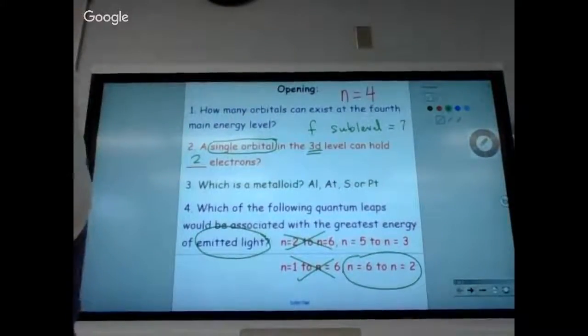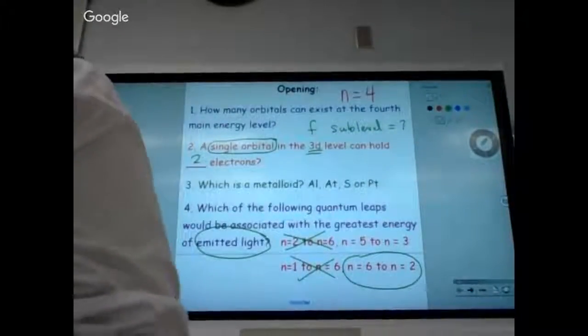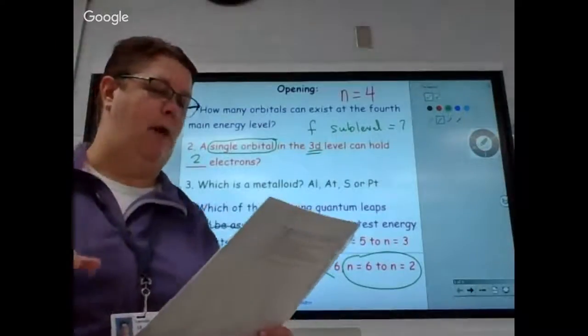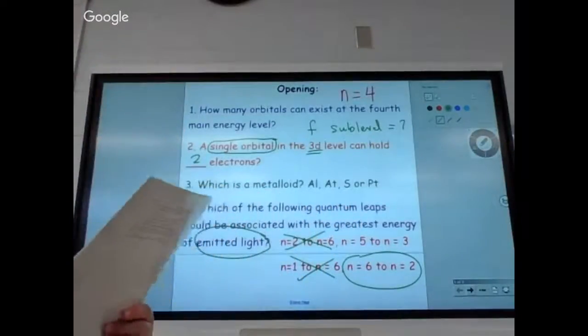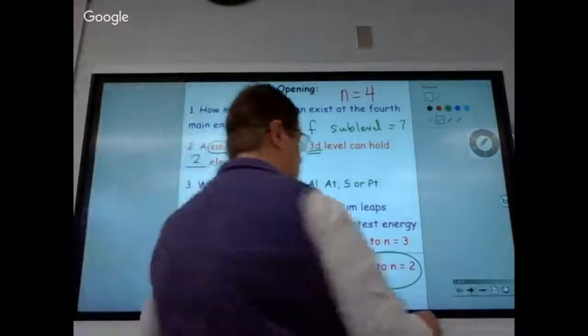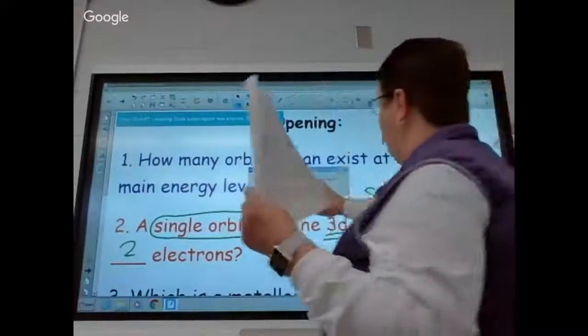Now tonight, Caroline, I will post answer keys online. All right, number 1. We did 44, right? So we're on 45. A maximum number of electrons in the s orbital would be how many? 2 is correct. The s sublevel can hold 2 electrons.